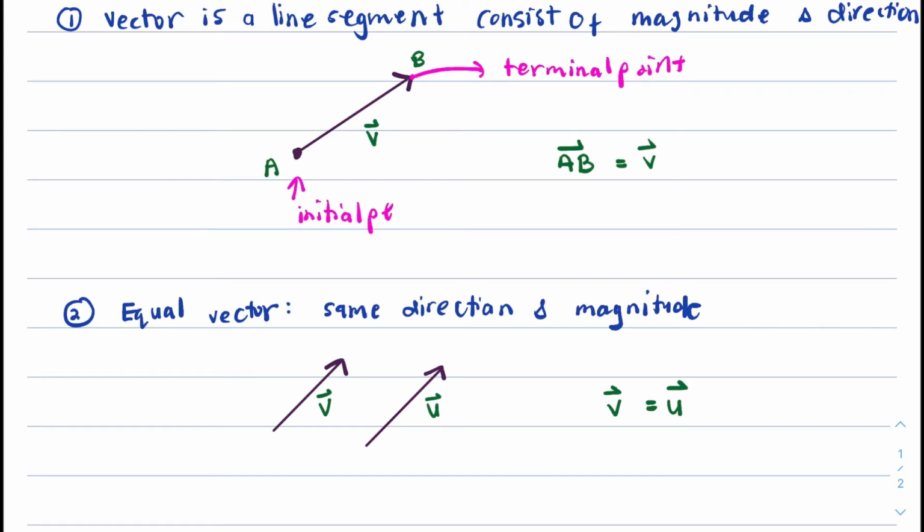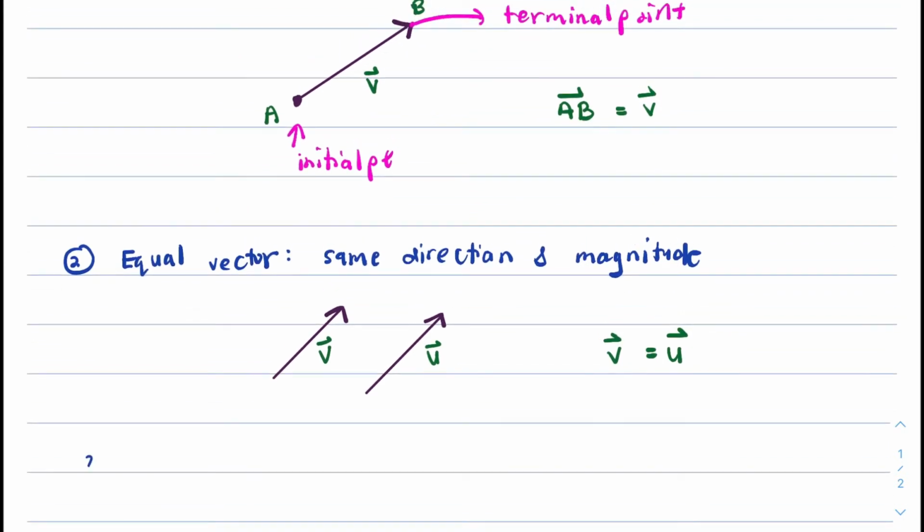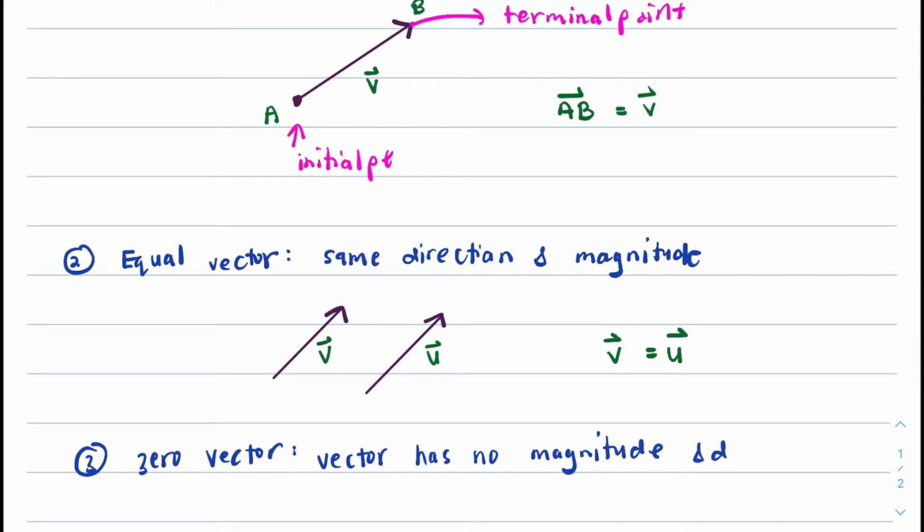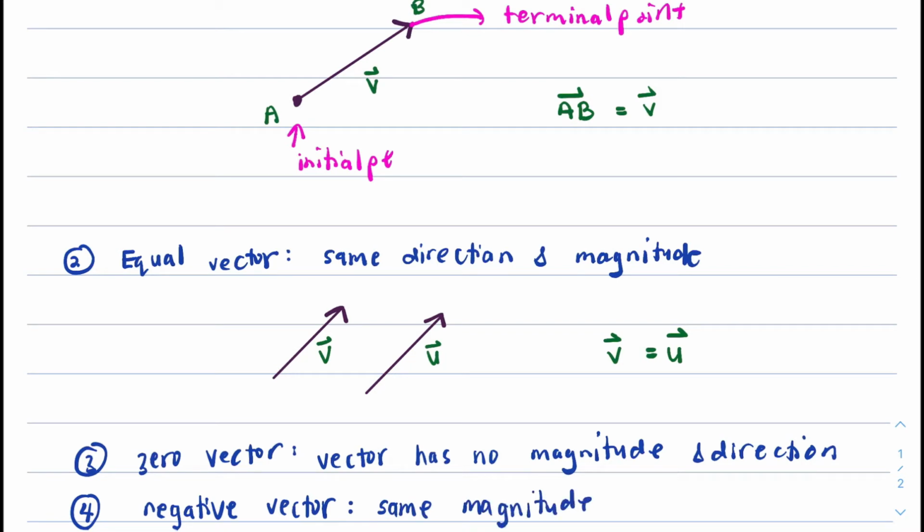Okay? Now the third one is you have to know zero vector. A zero vector is when the vector has no magnitude and direction. Means none lah. There is no vector. Okay, how about a negative vector? A negative vector is the opposite direction of the vector. It must have the same magnitude but opposite direction.